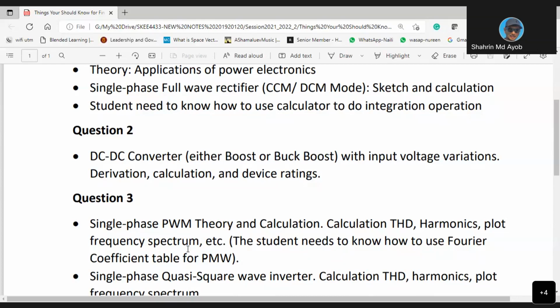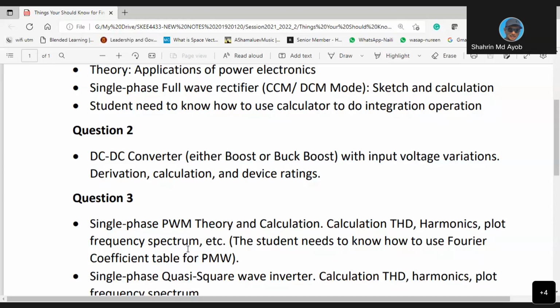So you need to determine which capacitor or which inductor value should be used based on your judgment, because you need to maintain this DC-DC converter in CCM. Dia punya keyword dia CCM. Keyword dia CCM. You need to ensure that the value of the inductor that you choose must be CCM for that range of input.